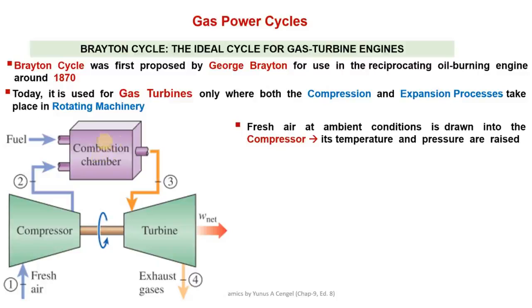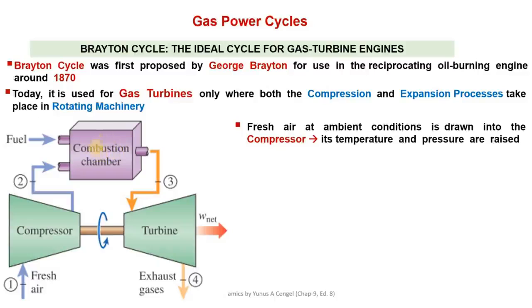It is mainly the oxygen present in the air which reacts with this fuel. Nitrogen does not react; the major portion is actually nitrogen which remains as it is and does not take any share in the reaction of this fuel.